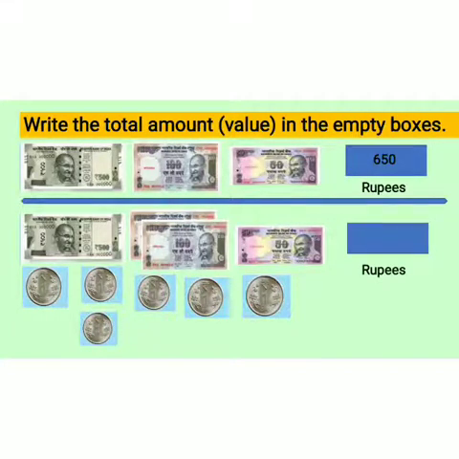Now 500 plus 100 is 600, plus one more 100 is 700, plus 50, 750. And we have 1 rupees coins over here. There are 6 coins, so it is 6 rupees. So we have 750 and 50 plus 6, that is 756. We have total amount 756 rupees.